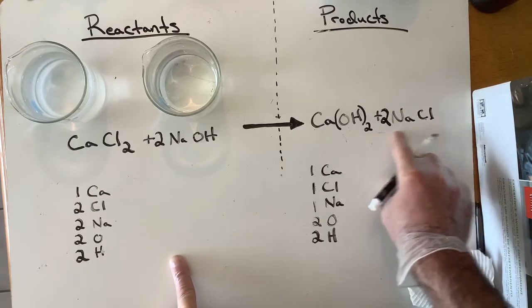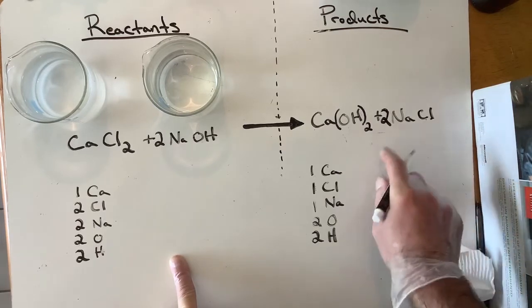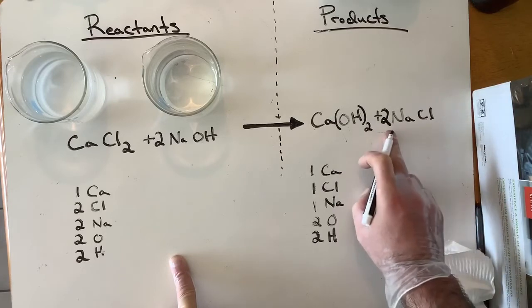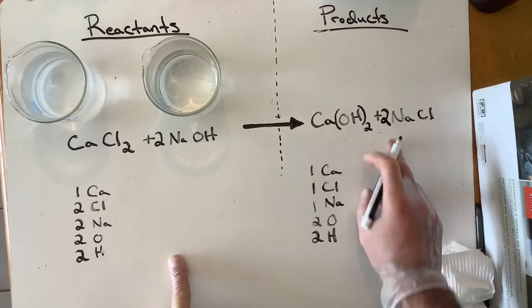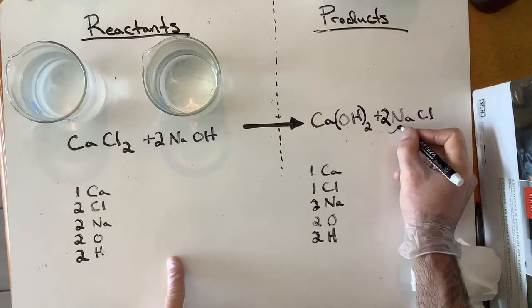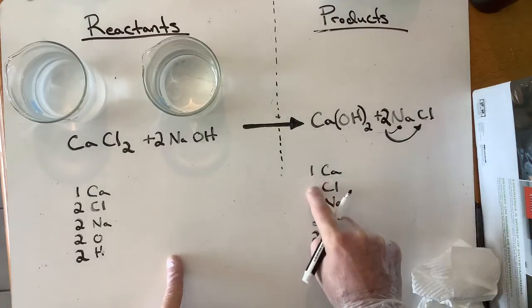Okay, so this isn't going to make one sodium chloride. It's going to make two. And again, this 2 is referring to everything that comes after it here. All right, so two sodium atoms and two chlorine atoms.